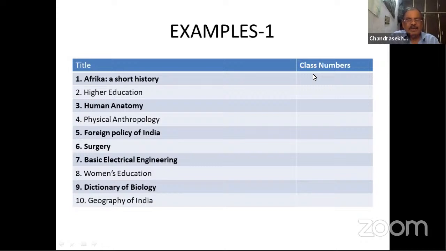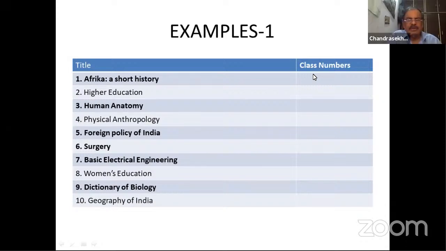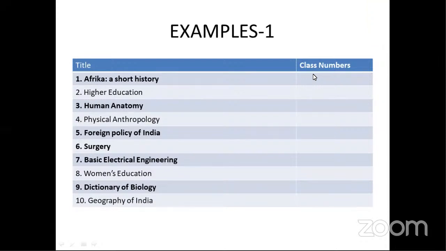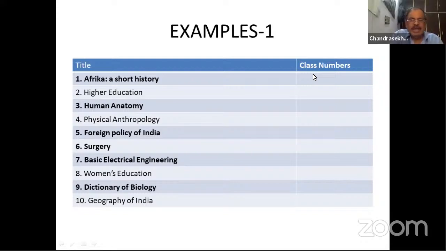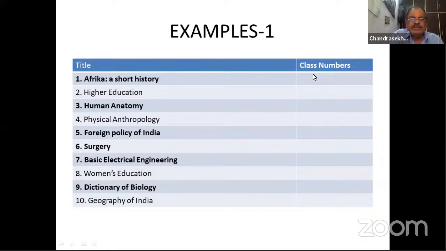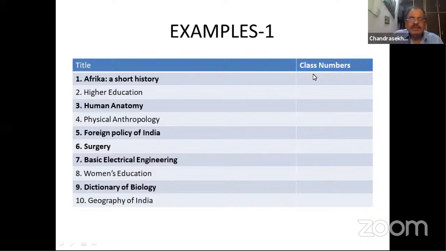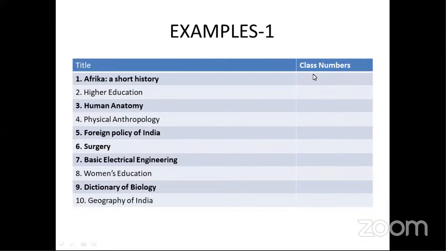What are the divisions of 900? 910 is geography, 920 biography, 930 is the ancient world, 940 is Europe, and 960 is the history of Africa. What is the number here? 960.